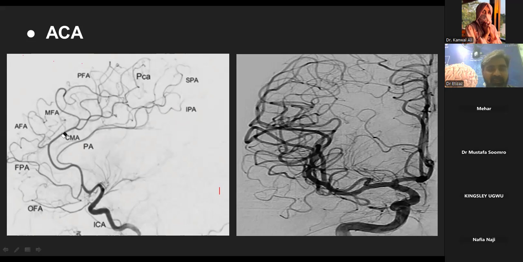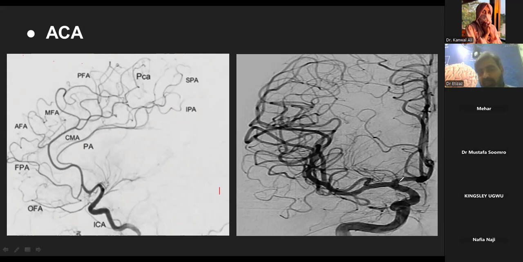These are the different branches: anterior frontal artery, frontopolar artery, orbitofrontal artery. These are the different branches of the anterior cerebral artery. When you correlate the normal anatomy, it will be easy for you to read the angiogram.